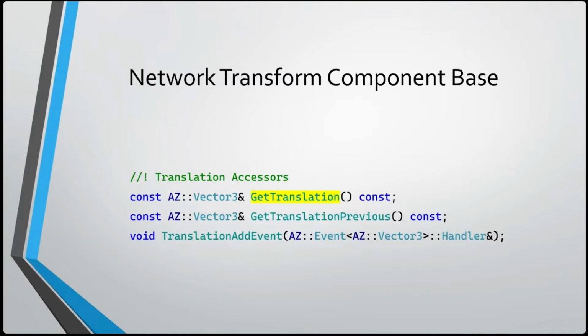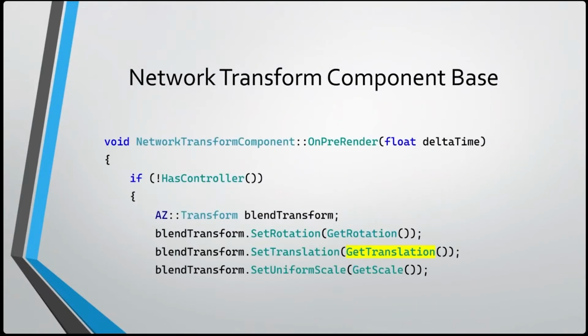And TranslationAddEvent is a way for clients to sign up for changes. For example, if you want your client object to listen when a server presents it with a new value, you can sign up using an event handler in this case. For example, here's a snippet of code from the network transform component. OnPreRender happens pretty much every frame.